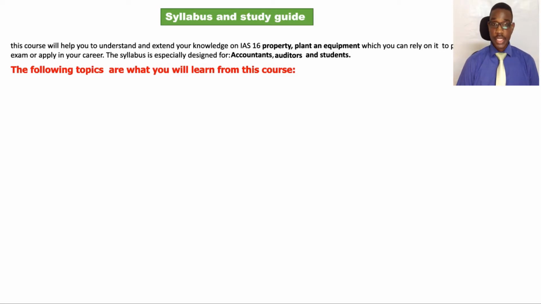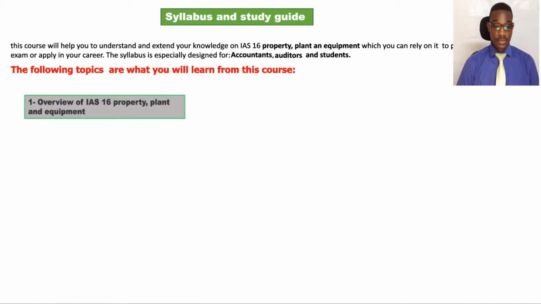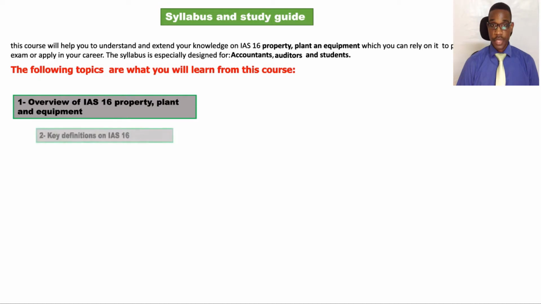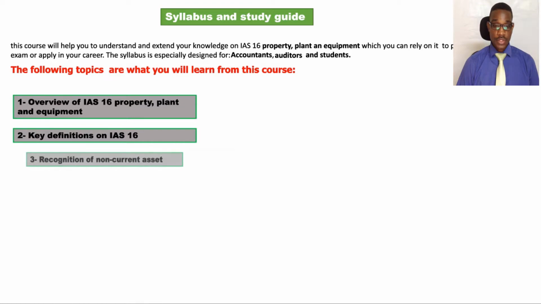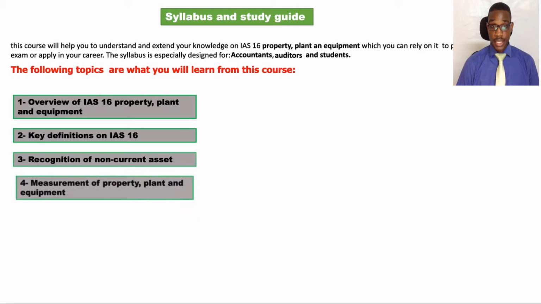The study guide for this course covers the following topics. The first chapter provides an overview of property, plant and equipment. Chapter 2 addresses the key definitions provided by IAS 16. Chapter 3 is about the recognition of non-current assets.